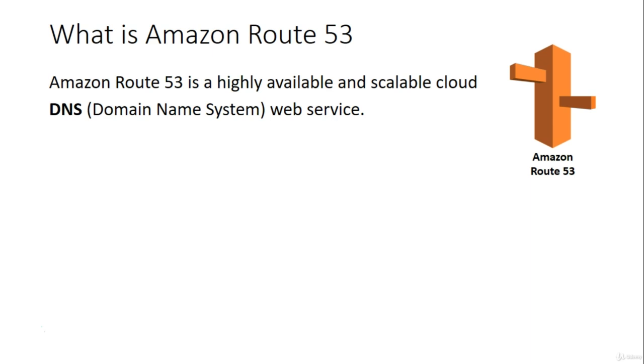DNS translates the domain name avionics.com to an IP address so that the browser can access the respective resources. As humans we cannot remember IP addresses, we remember domain names. So domain names are human friendly and IP addresses are computer friendly.